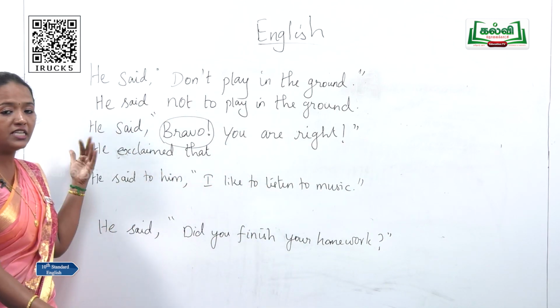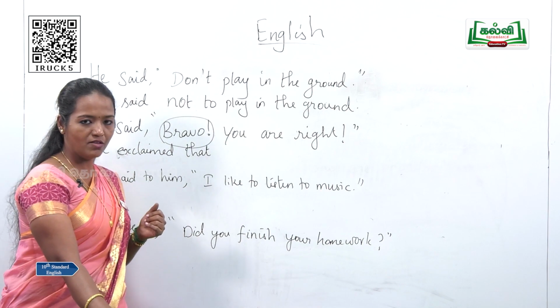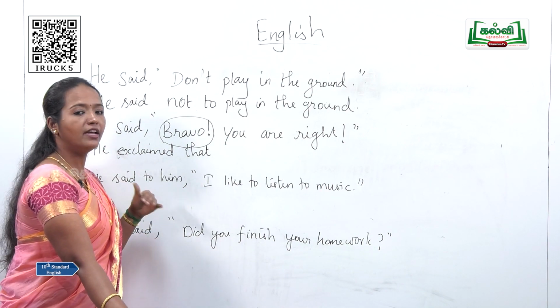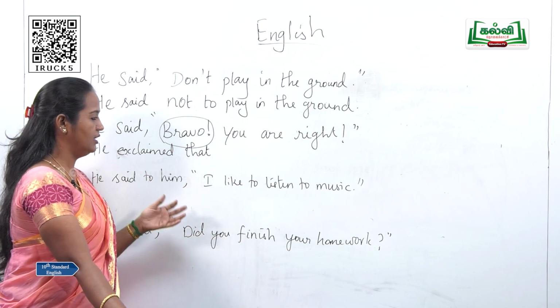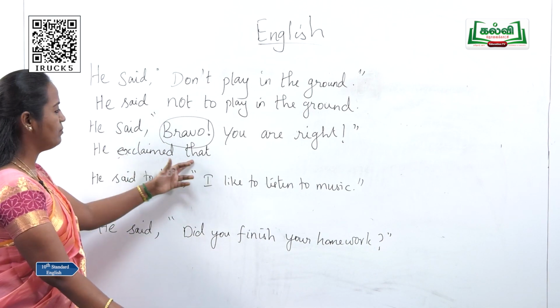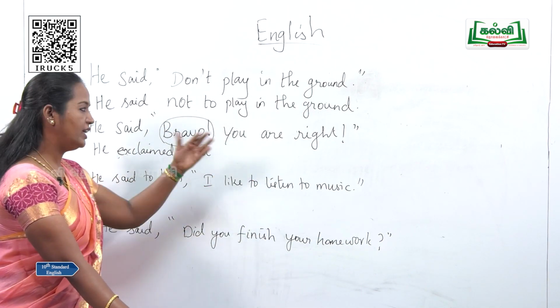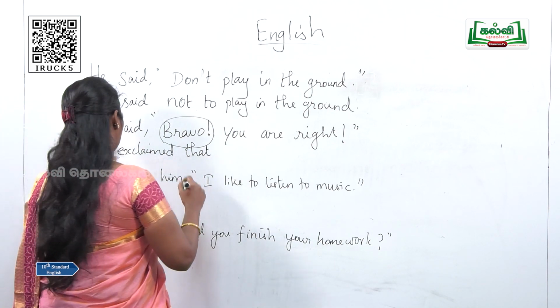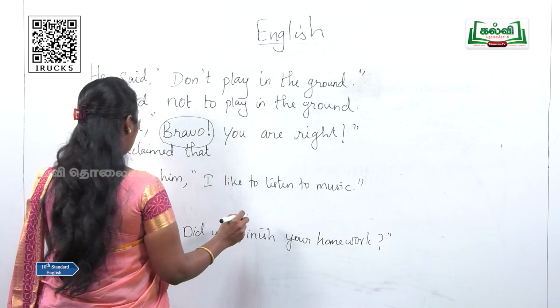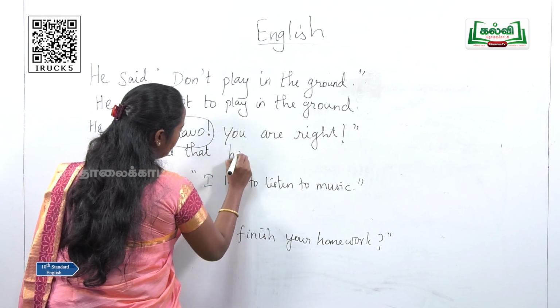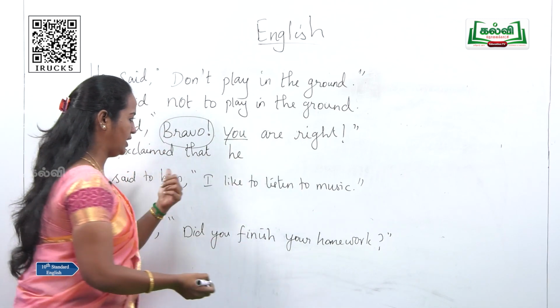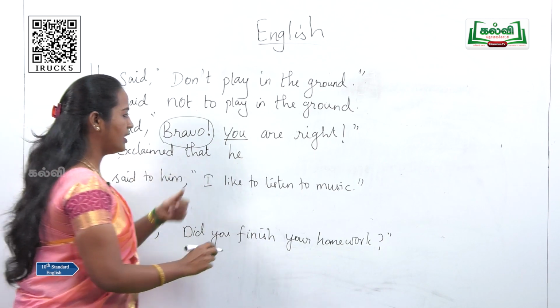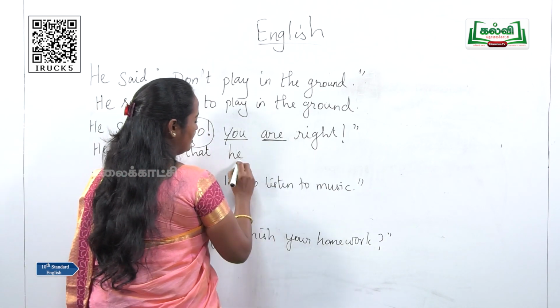He said to whom is not given in the sentence. So it could be directly to you or to somebody else. So you can use either he exclaimed that, I, or he or she. You could use any pronoun. So here I assume that it is he. So he exclaimed that he, and this are.